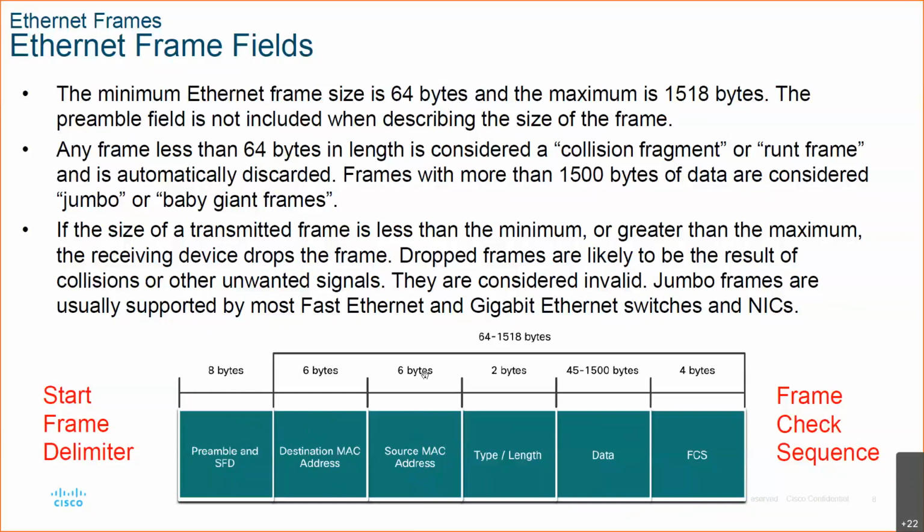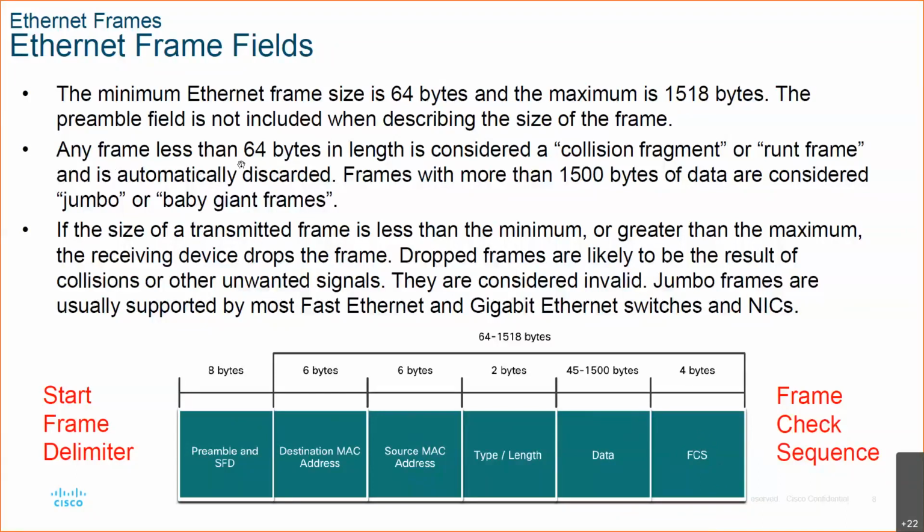What type of data? 2 bytes. The actual payload can range from 45 to 1,500, but the frame's minimum size should be 64. And your error check, remember FCS, frame check sequence, which makes sure that the data is okay, is 4 bytes.